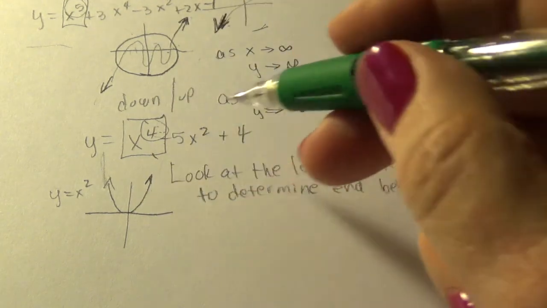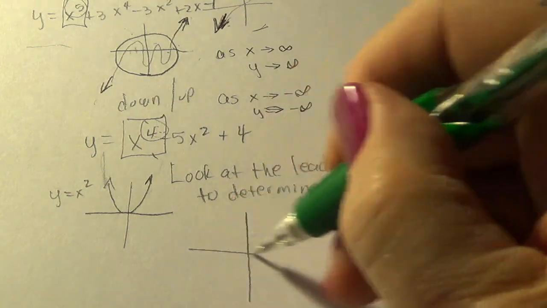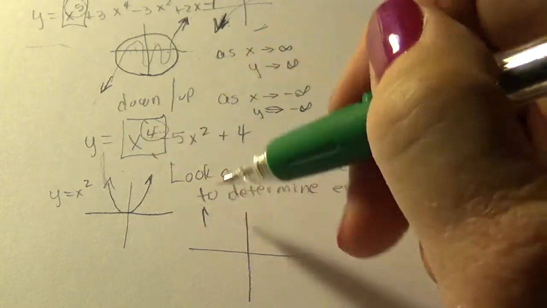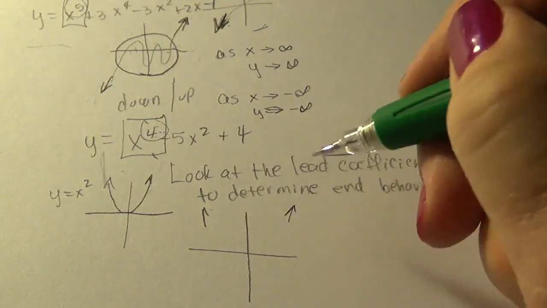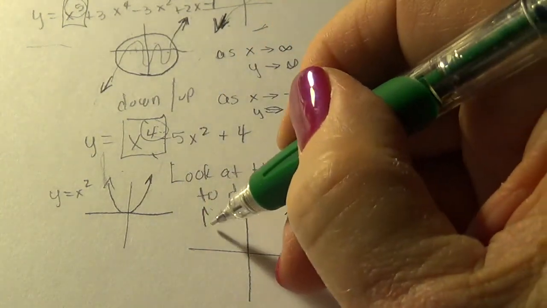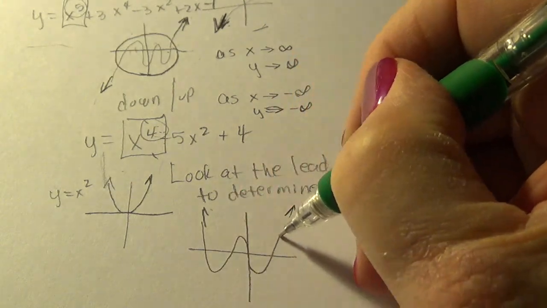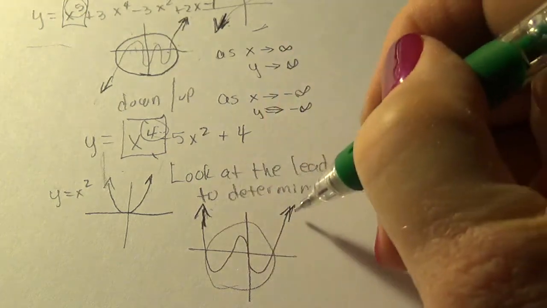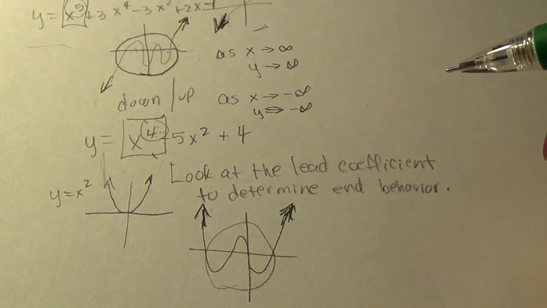So it's going to be going up on the left and up on the right, and in between it'll probably do something like that. No promises, but again, I'm interested in end behaviors right now.